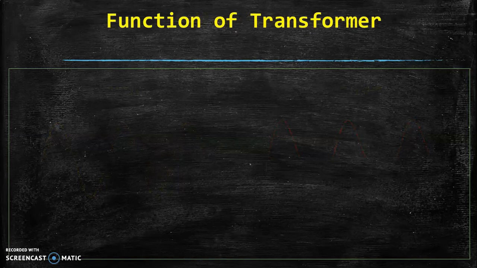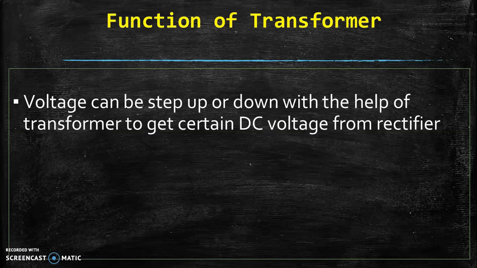Function of the transformer. We use one transformer in half wave rectifier, and the function of the transformer is that voltage can be stepped up or stepped down with the help of the transformer to get a certain DC voltage from the rectifier.